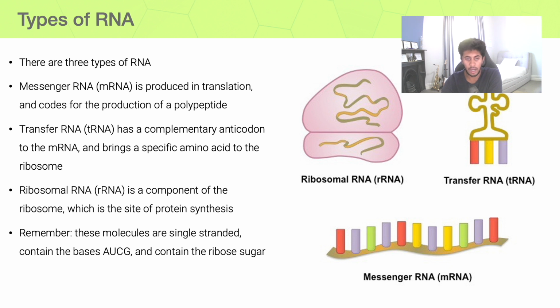Ribosomal RNA, or rRNA, is a component of the ribosome, which is the site of protein synthesis. Now remember, all of these molecules have those same structures and same features that we mentioned before, like being single-stranded, having the bases adenine, uracil, cytosine, and guanine, and also containing the ribose sugar as well.